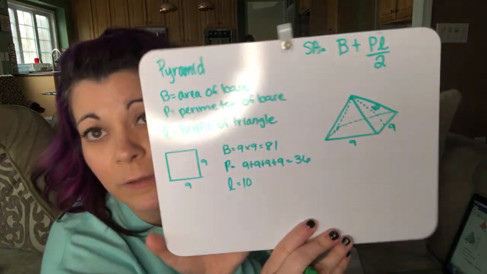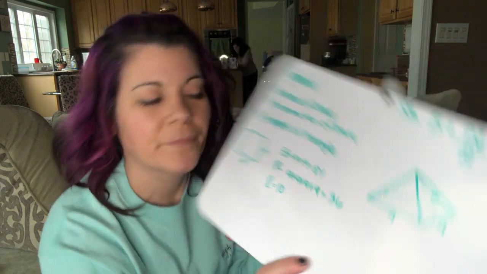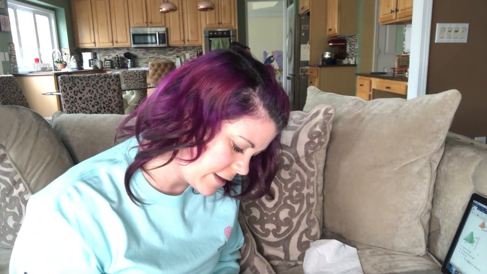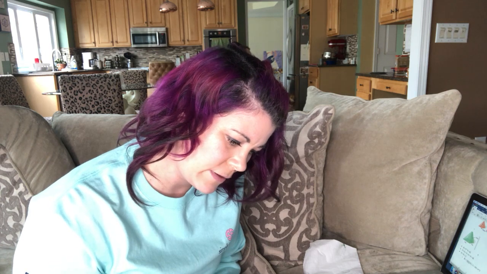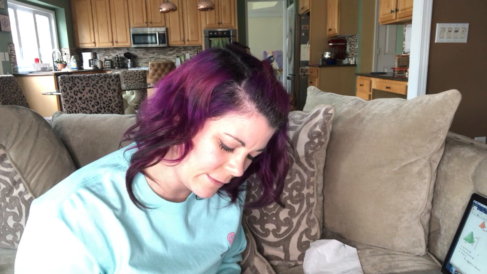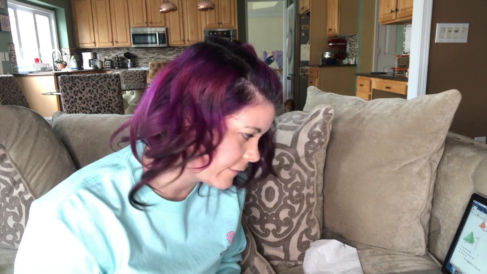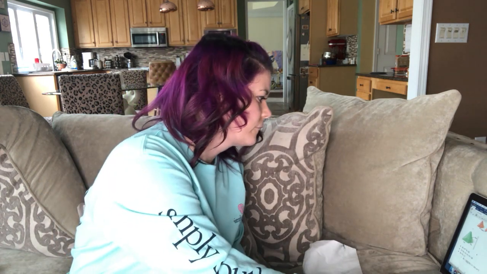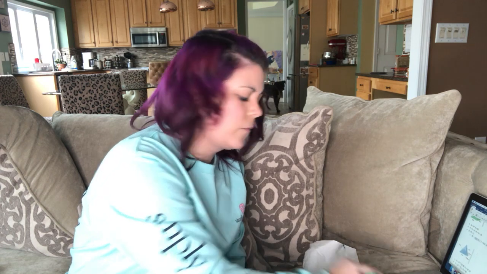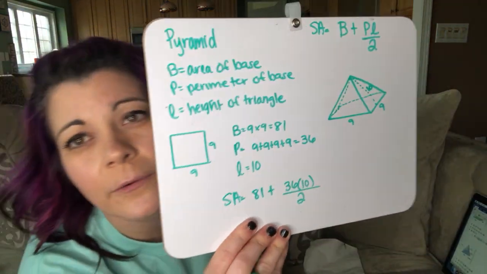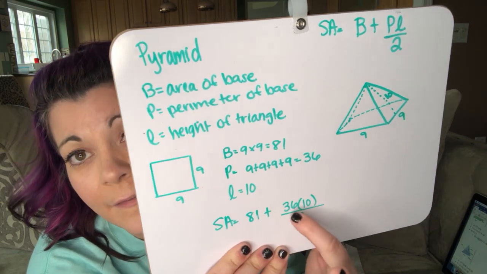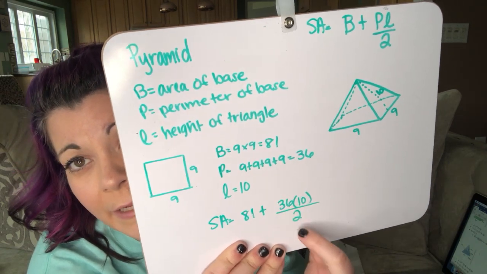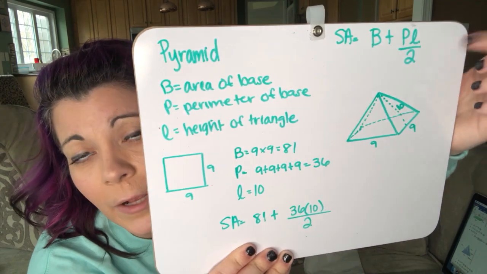And then I just plug in everything I know. Surface area equals big B, the area of the base, which is 81, plus perimeter, 36, times the length, which is 10, and then all divided by 2. The divided by 2 is in the formula already.